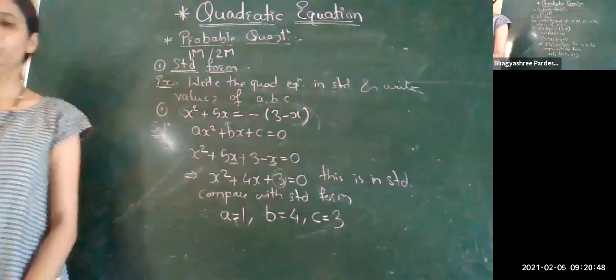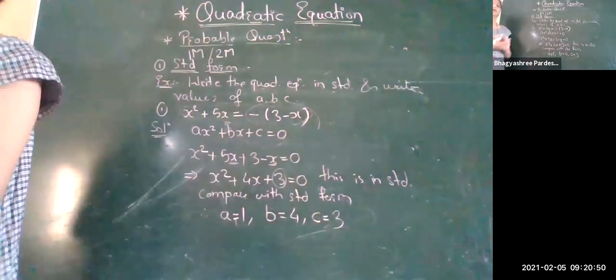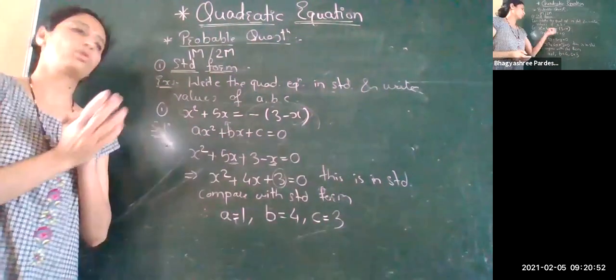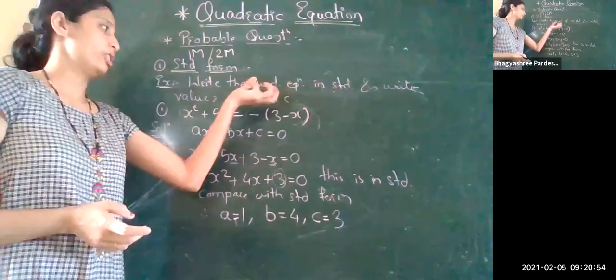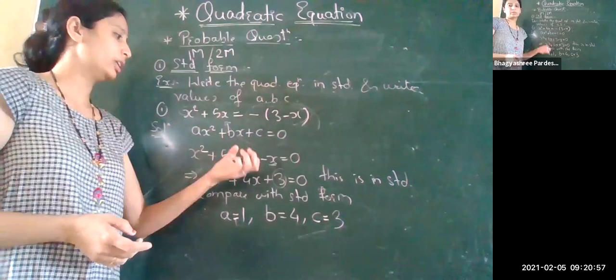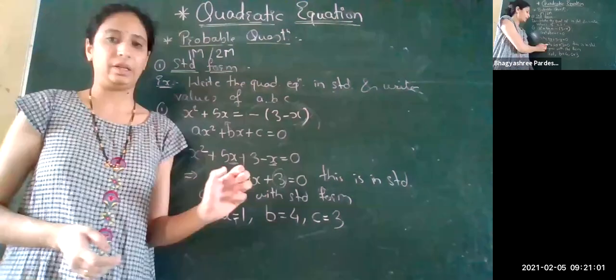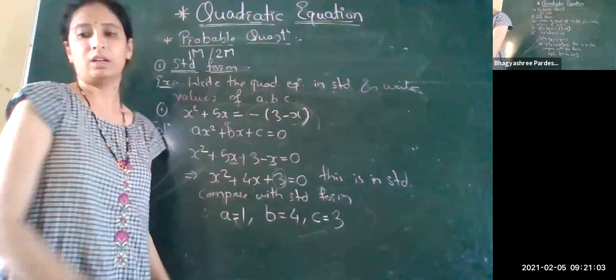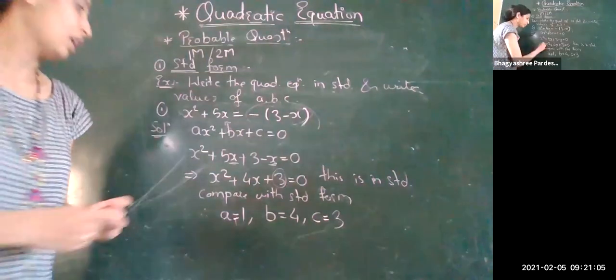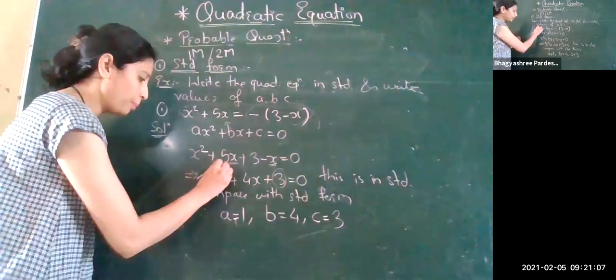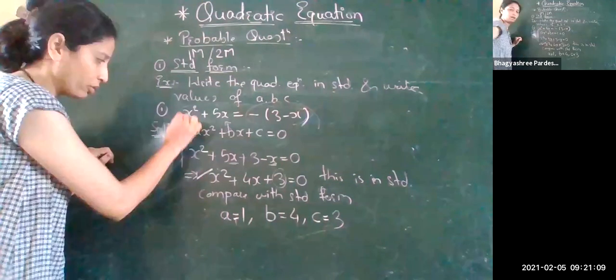So again, this is one of the very easy types of question where also you can score very good marks. So whatever quadratic equation is given to us, just convert into standard form, compare with the standard form, and write the values of a, b, c. Once you are done with this, next is the very easy part. Means the marking scheme: up to this, there are no marks for whatever you are doing here.